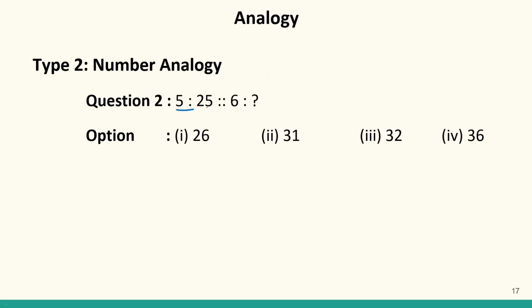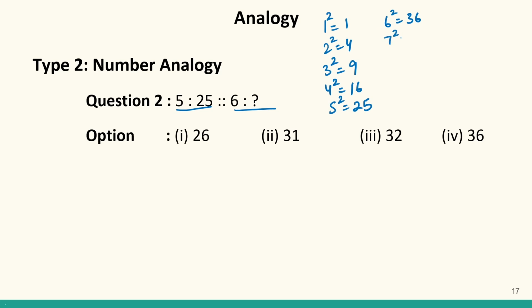So 5 is somehow related to 25 and we have to find out how 6 is related to that number. So if you remember, 1 square is 1, 2 square is 4, 3 square is 9, 4 square is 16, 5 square is 25, and similarly 6 square is 36. I'll complete till 15: 49, 64, 9 square is 81, 10 square is 100.